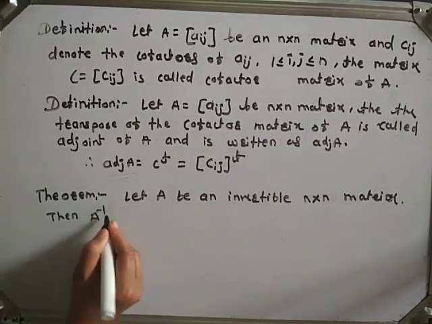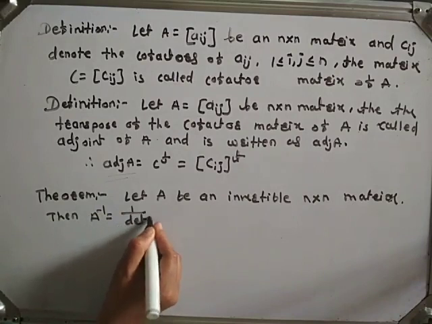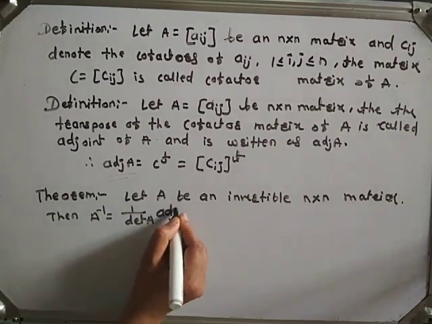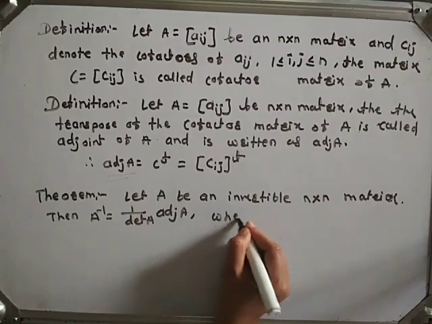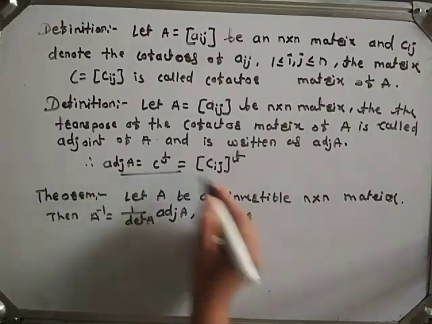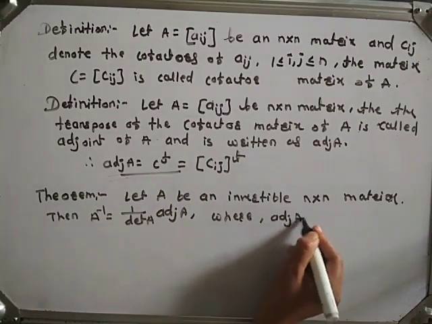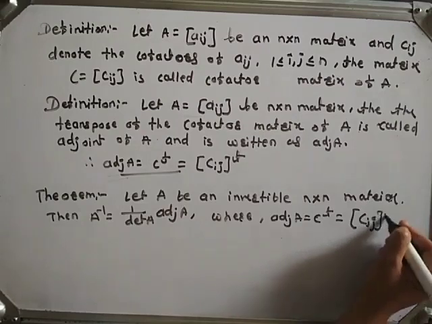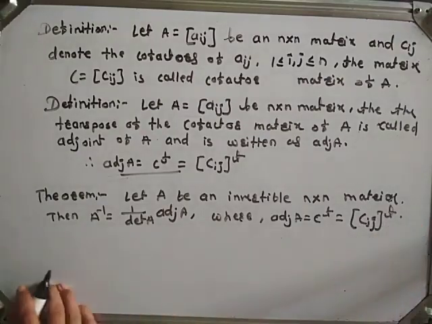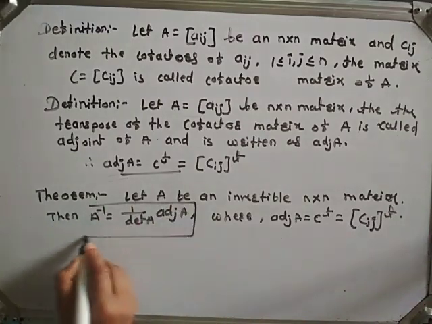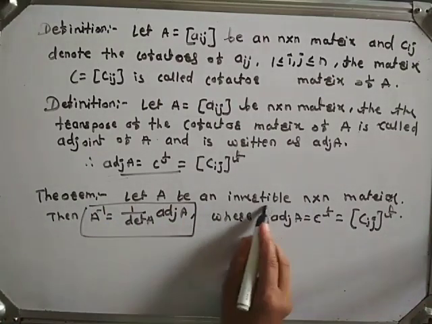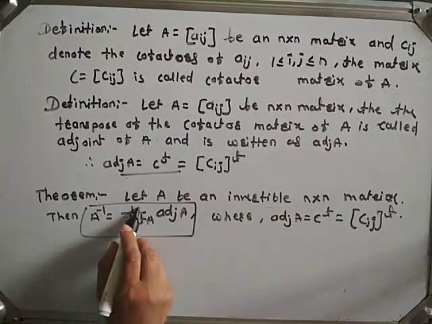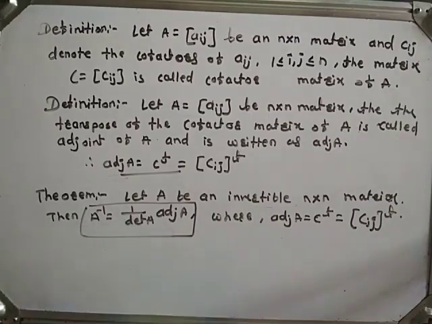Then A inverse is equal to 1 upon determinant of A into adjoint of A, where, as we have seen previously, adjoint of A equals C transpose, which equals the transpose of the Cij matrix. Students, remember this formula: A inverse equals 1 upon determinant of A into adjoint of A. Let us take one example based on this formula.